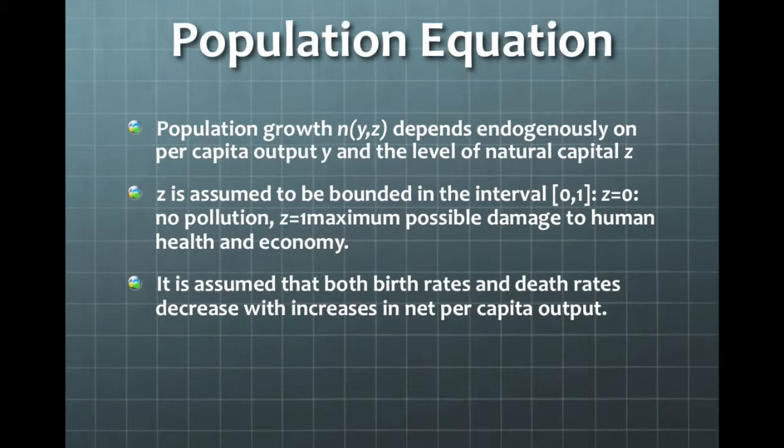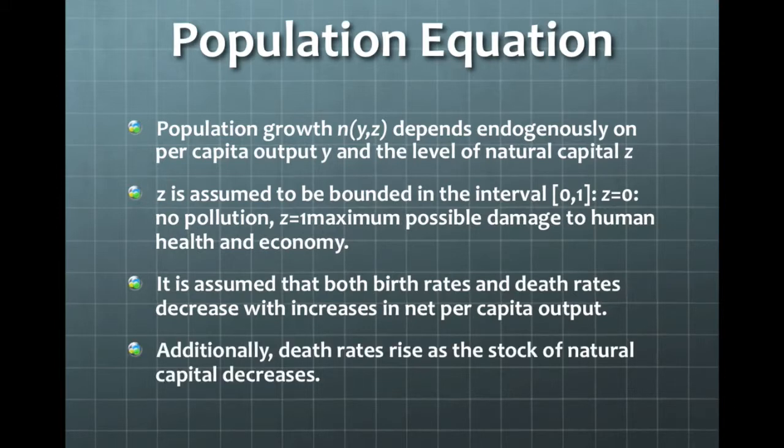Again, I'm not sure what the rationale is for this, which is one of the little criticisms I have about this model. Additionally, death rates rise as the stock of natural capital decreases, and this sort of makes sense. If your natural capital drops, then your death rates are going to go up. So that's probably okay.